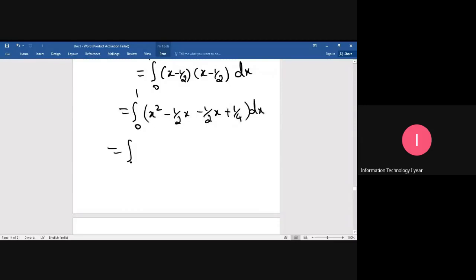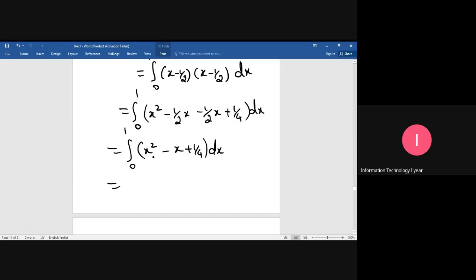So this is the integral 0 to 1 of x square minus x by 2 half, so it is minus x only, since minus 1 by 2 minus 1 by 2 is minus 1. So this is x square minus x plus 1 by 4 into dx.